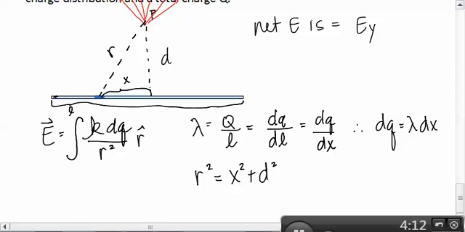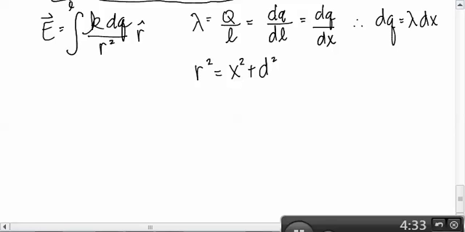So I have an expression for dq. I have a relationship for r, and my r hat should just be y hat. And what's y hat going to be for straight up? 1. So let's make our substitution.